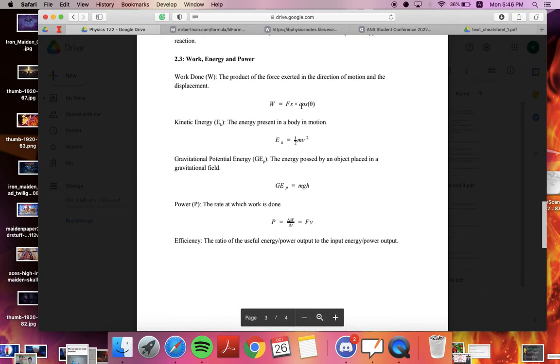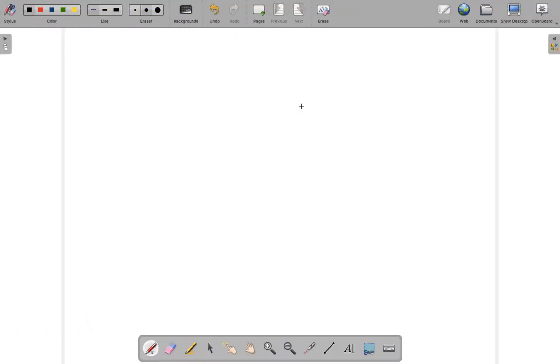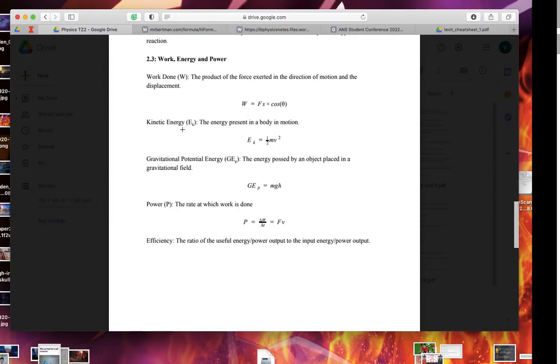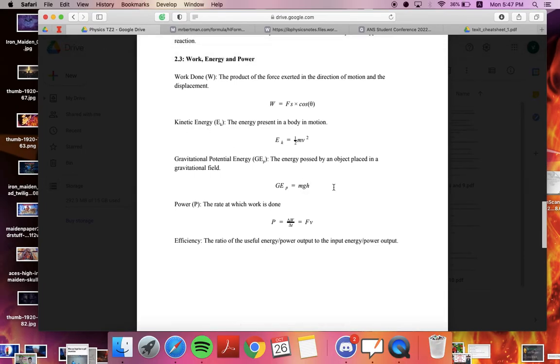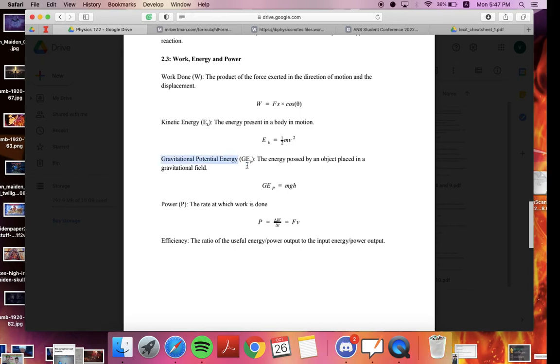Okay, I think I should say a quick thing about conservation of energy. There's a theorem called conservation of energy, which says energy can neither be created nor destroyed. So basically, the total energy of a system before and after will always be equal to each other. And note, we've pretty much just talked about two energies over here, kinetic energy and potential energy.